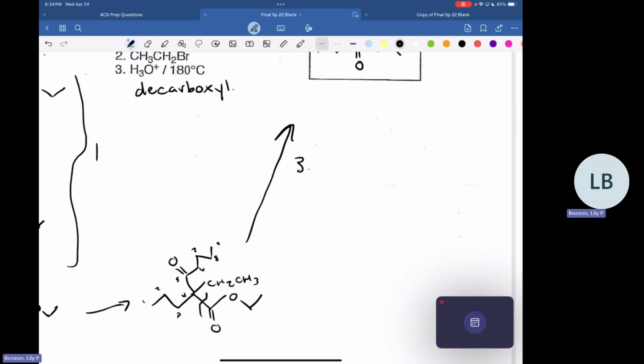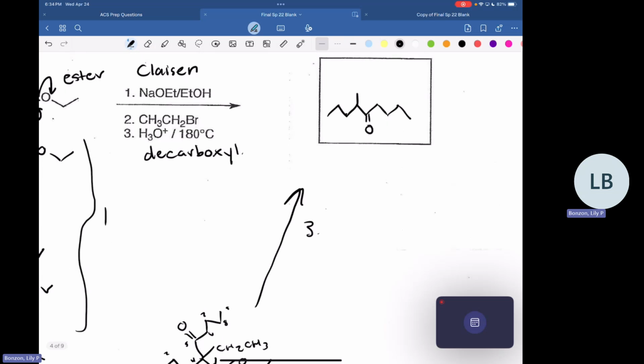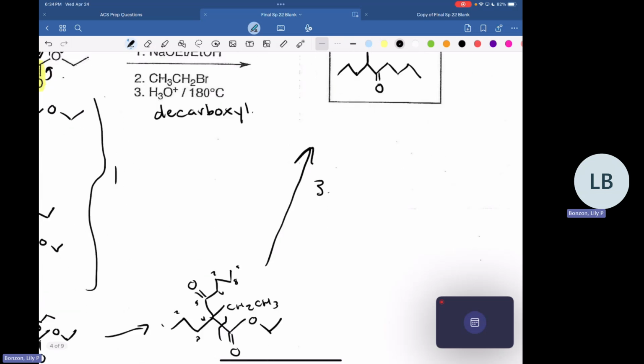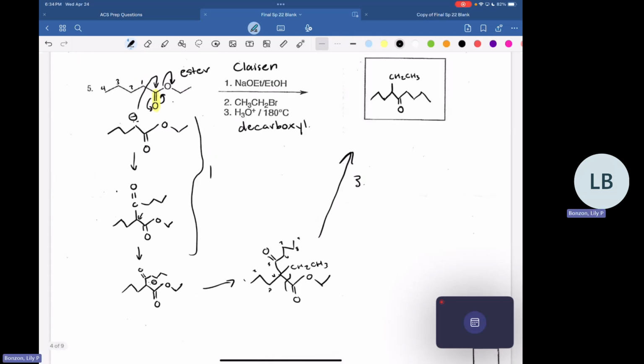Okay, so that is going to be our final product. So this one definitely is a lot. Oh wait, I forgot, that's CH2, CH2. This one is kind of a lot, but if you follow the pattern, you should be good. Any questions on either of these two?